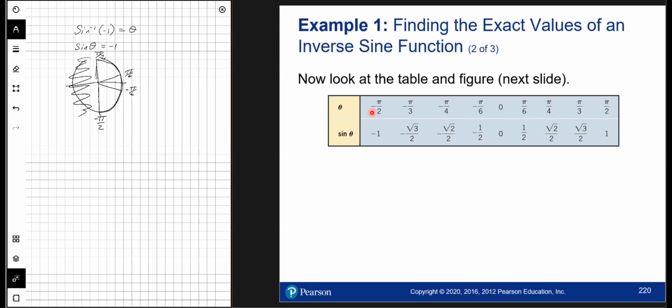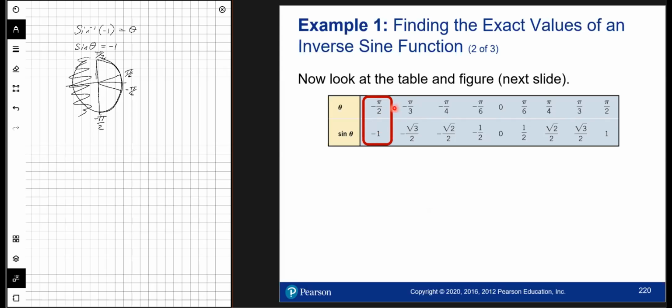So which angle gives us -1 for sine? All right. Well, all you need to do is read the chart.